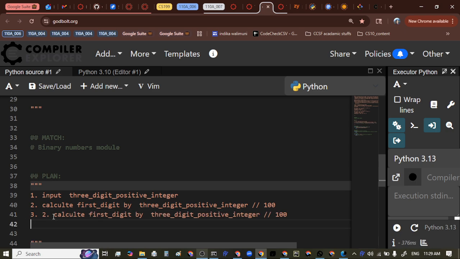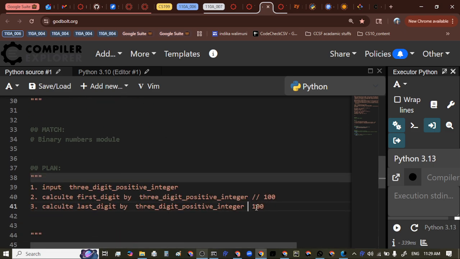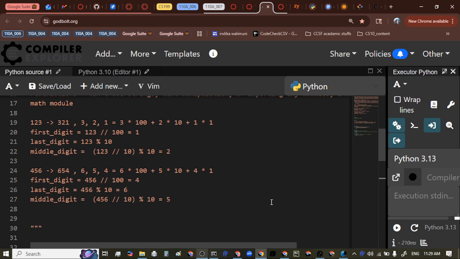So calculate last digit by this one, modulo by 10.